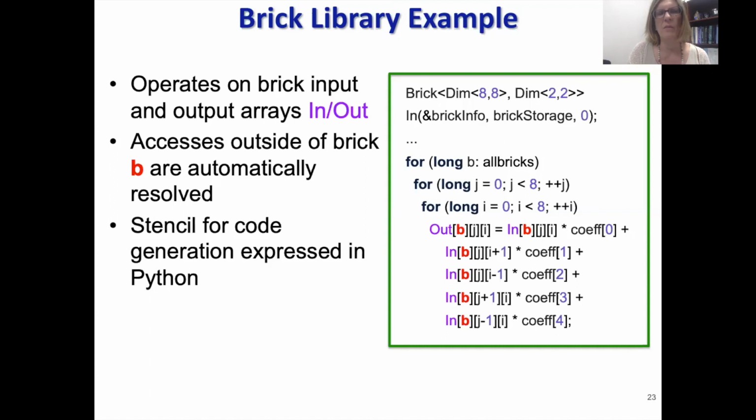And we have references to out and in that look like two-dimensional references plus a brick index. Sometimes you're going to go outside of the brick. For example, if you're on the edge and you say +1, these accesses are going to be resolved automatically by the underlying system. So you end up going to a different brick instead of going off the end of your own.